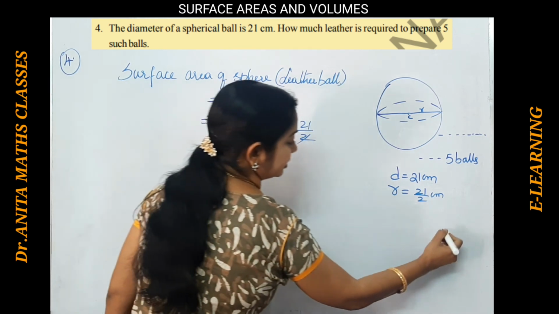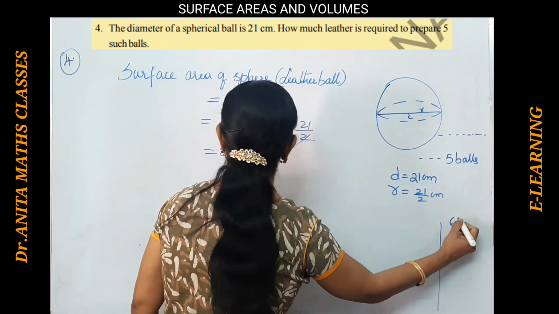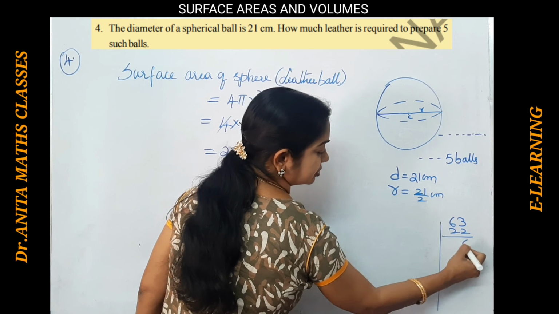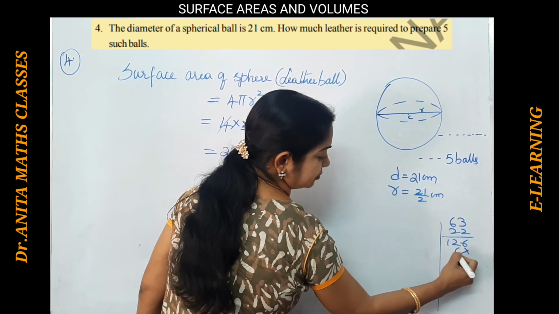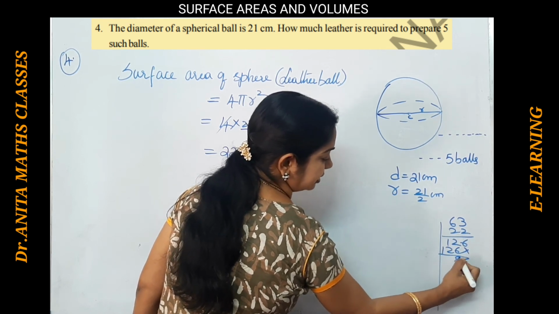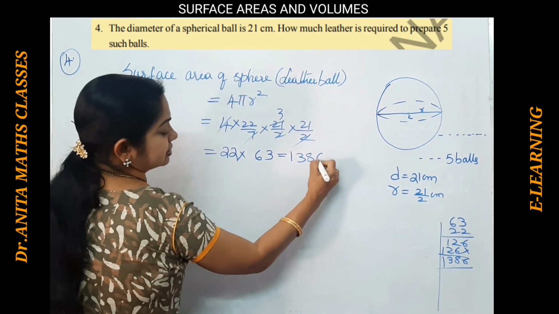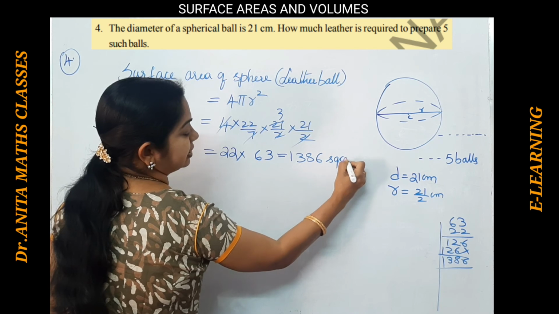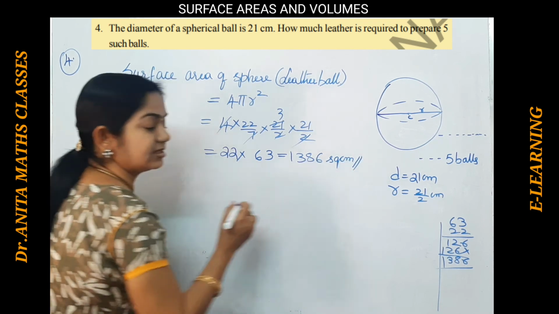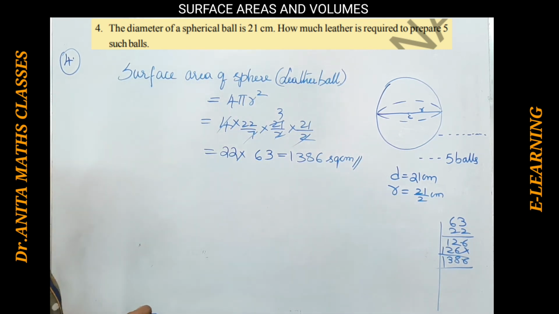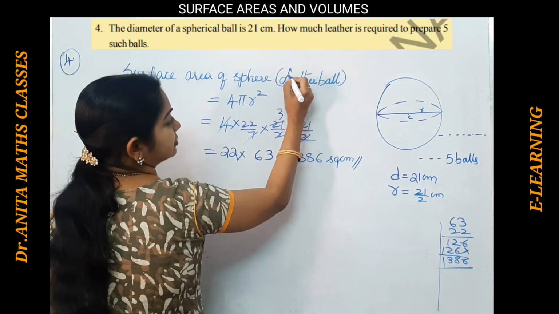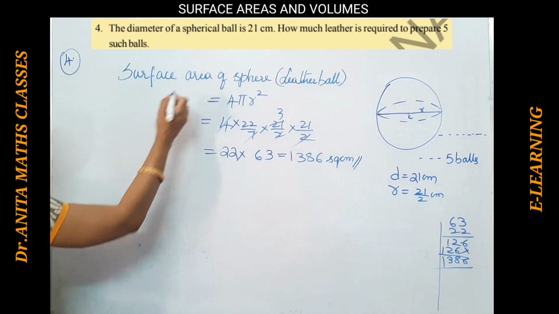We will multiply 63 into 22. That gives 1386 square centimeters. This much leather is required for making one ball. Yes, this is the surface area for one leather ball.